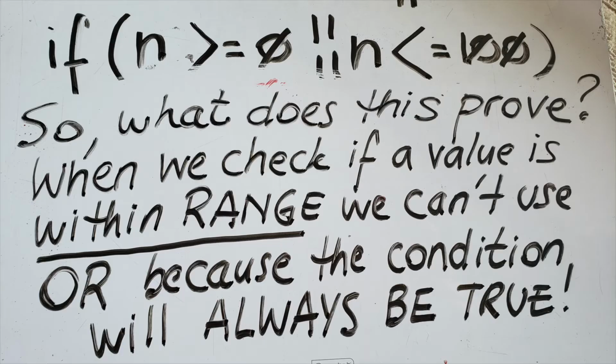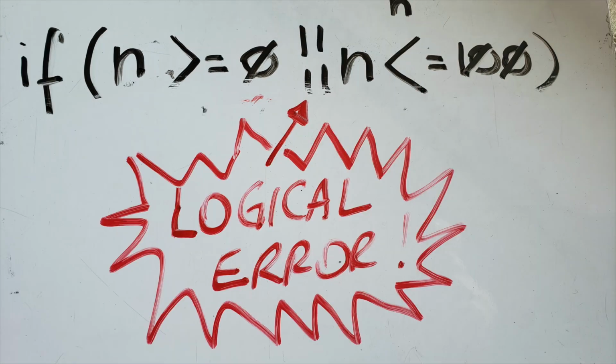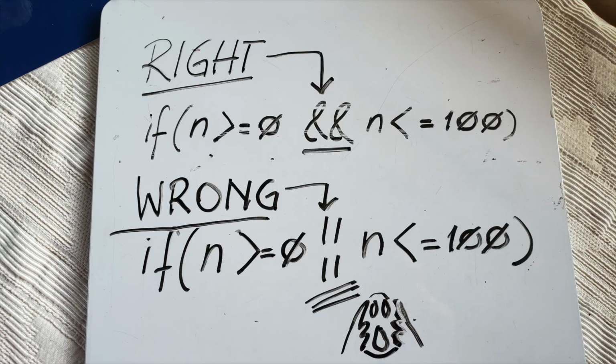So it's telling us that both negative 100 and 500 are values that are correct for numeric grades, and that would be wrong. So we are proving here that this is a logical error because any value that we used is going to tell us that the whole condition is true. So that's a condition that is always true.